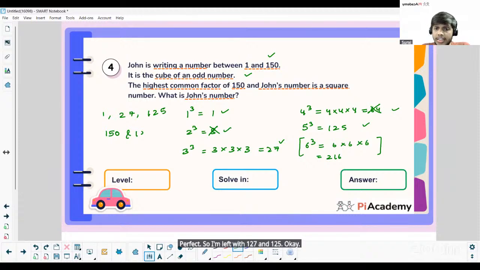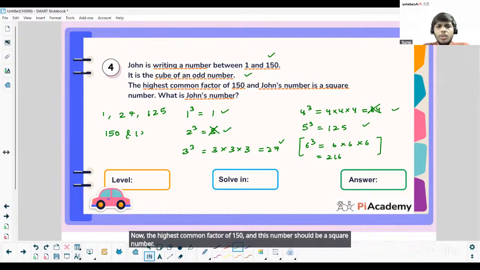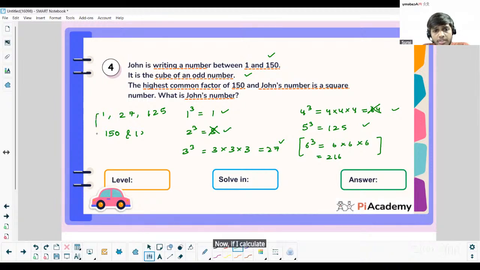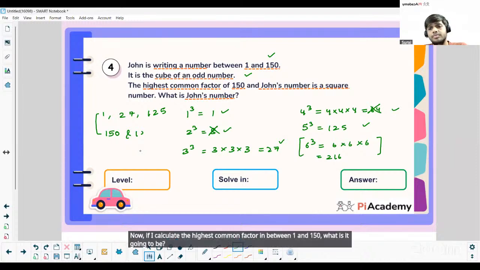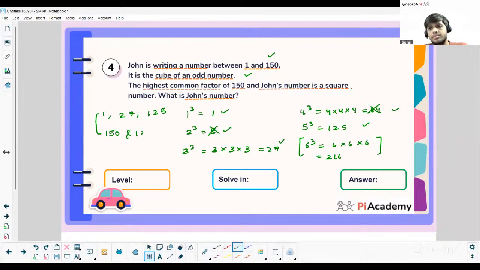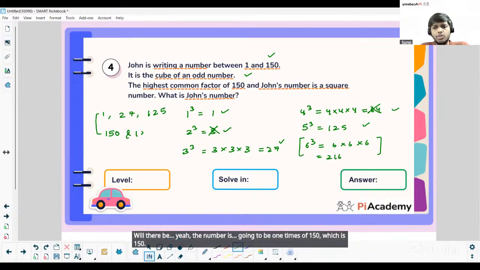Now, the highest common factor of 150 and this number should be a square number. If I calculate the highest common factor in between 1 and 150, what is it going to be? The number is going to be 1 times 150, which is 150. So it is not a square number at all.